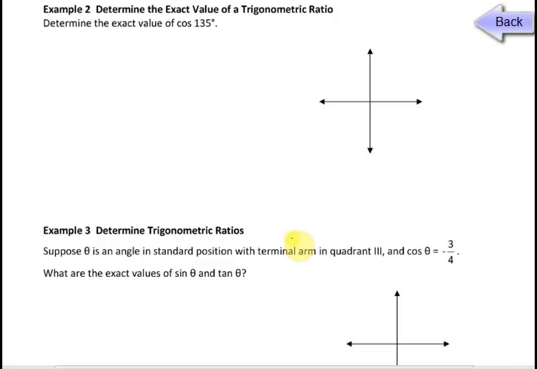Okay, so example 2, determine the exact value of a trigonometric ratio. We are asked to determine the exact value of cos 135 degrees. In this example, you're asked to find an exact value. That should get you to recall your special angles, which are 30 degrees, 45 degrees, and 60 degrees, because most likely that's what you're going to be using in this question.